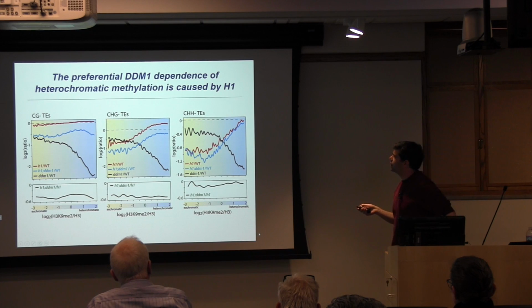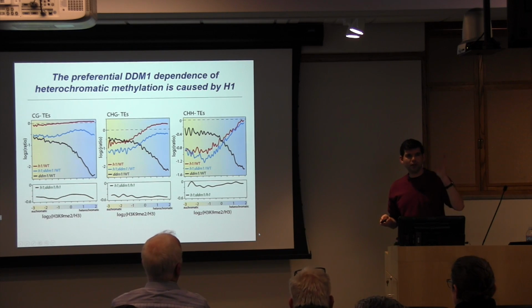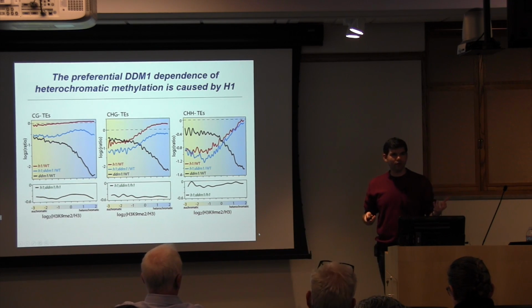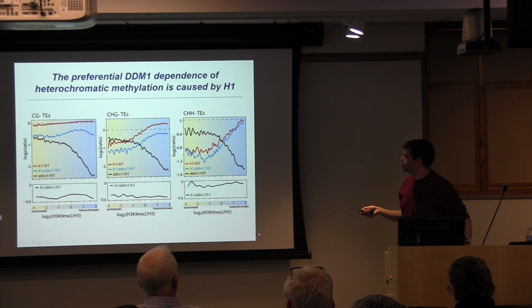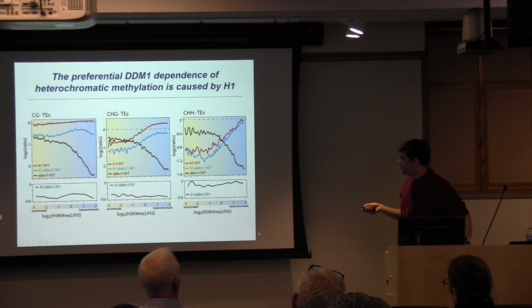In these plots, each of these lines represents the ratio of methylation between a mutant and wild type. So H1 is a ratio of H1 to wild type. This blue line is the H1 DDM1 compound mutant versus wild type, and the black is DDM1 mutant versus wild type for the three sequence contexts.